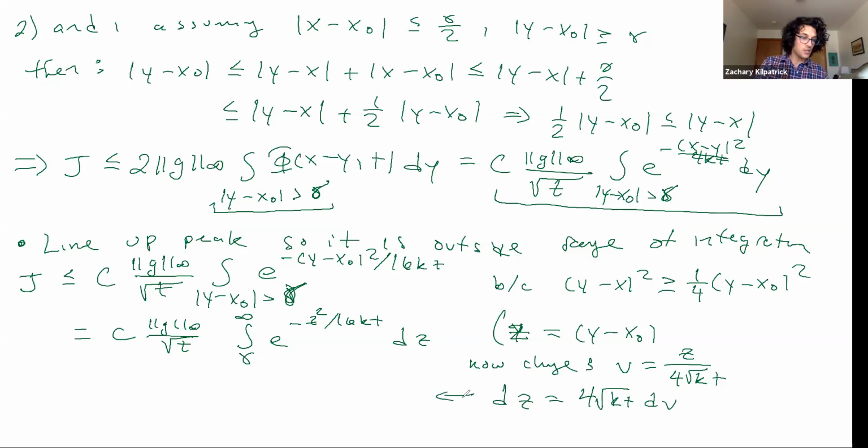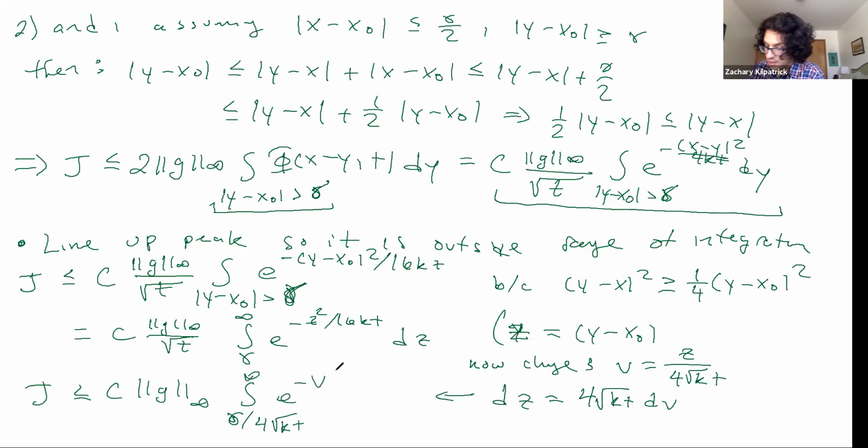What I get from that change of variables is, again, just an integral that's over a much cleaner integrand. So essentially that J is bounded from above now by some constant times the integral from gamma over 4 times the square root of kt up to infinity, e to the minus v squared dv. Okay.